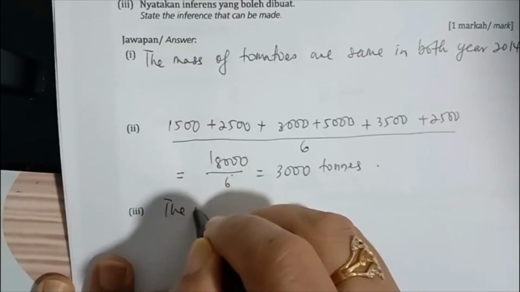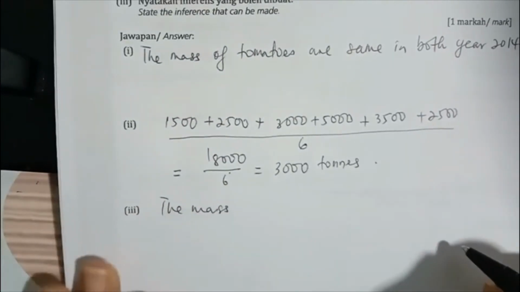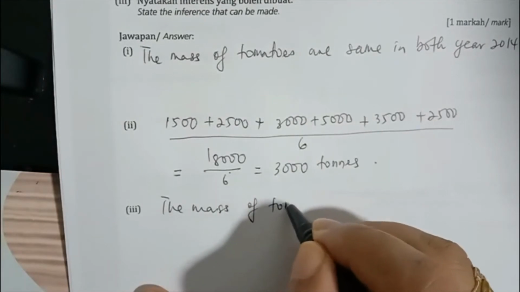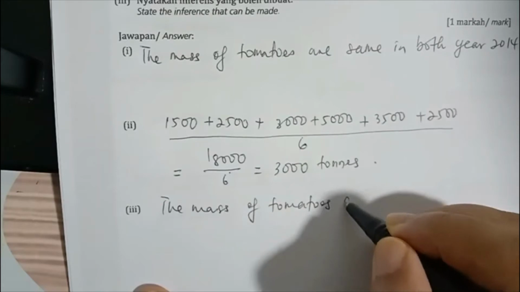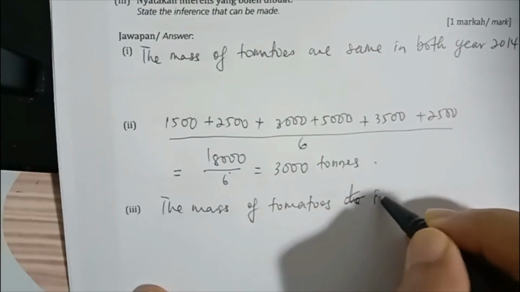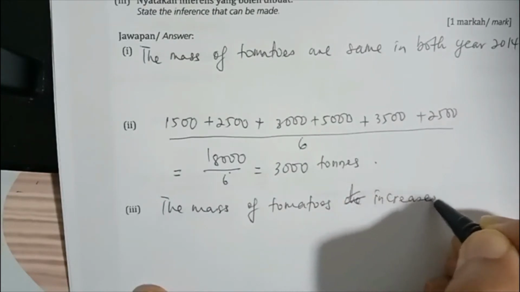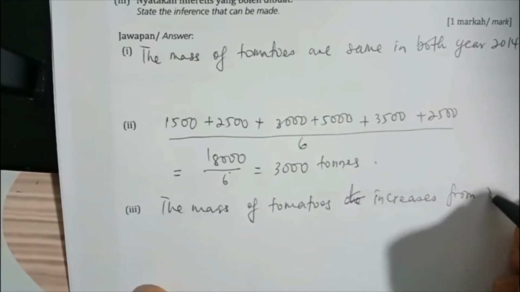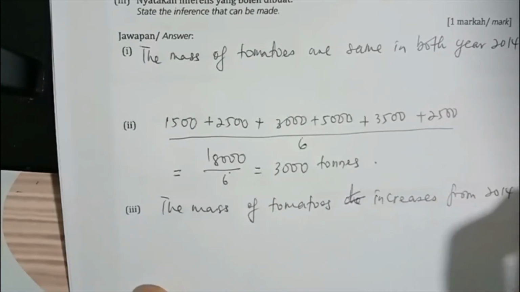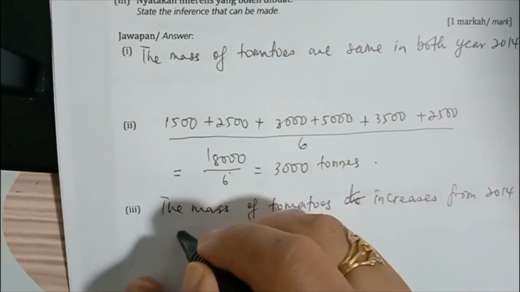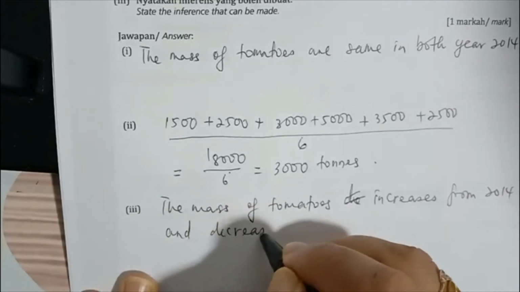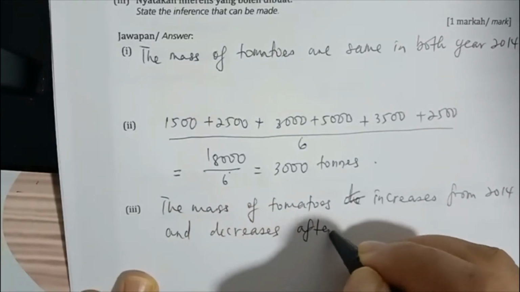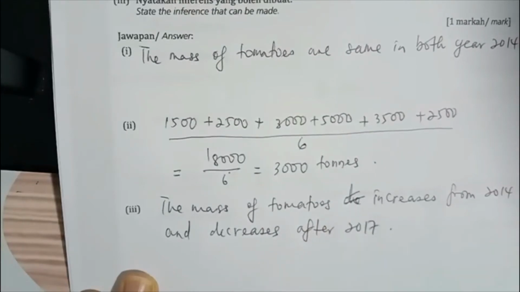The mass of tomato increases from 2014 to 2017 and decreases after 2017.